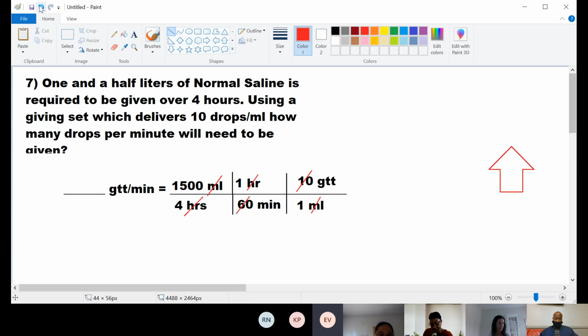Another way we could have done this is to cancel out a 0 here and a 0 over here, making that 1 and 6. The other thing we can do is reduce.